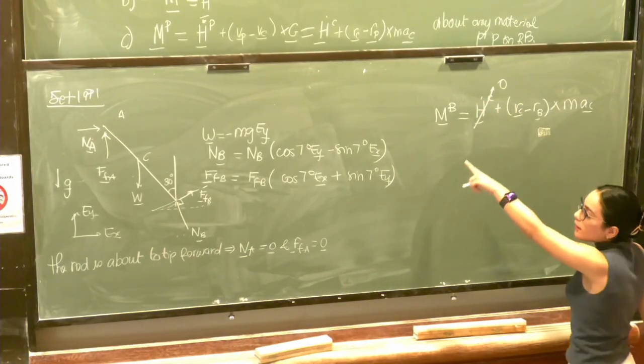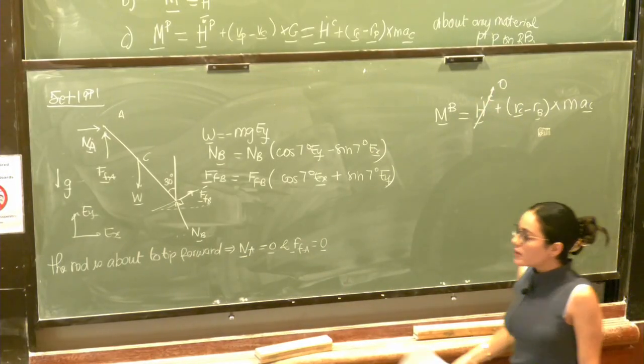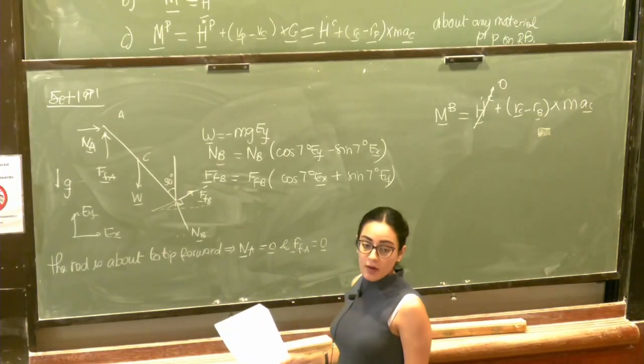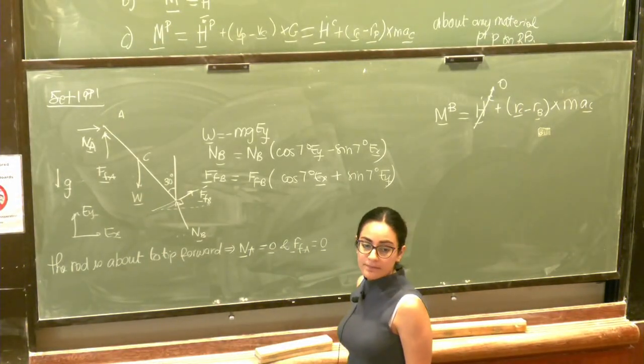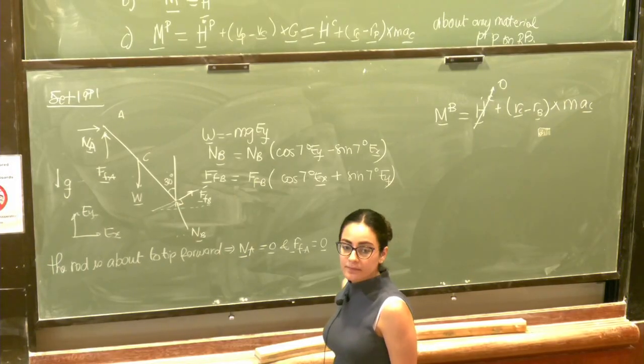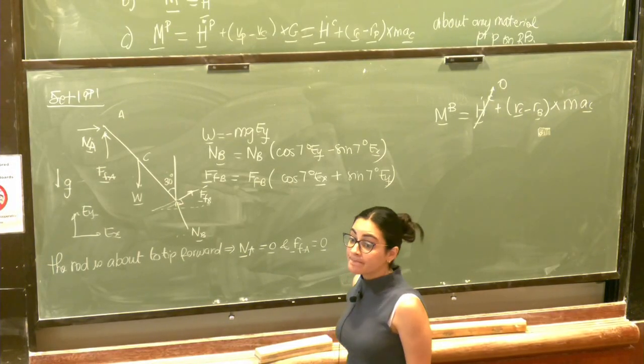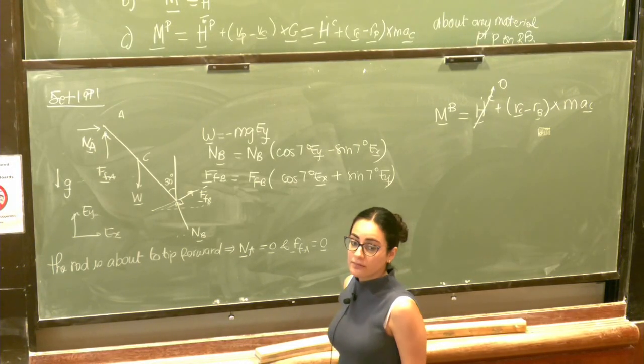Okay, how do I calculate the sum of moments about B? That's just the moment of the weight. How do I calculate the moment of the weight about point B? Use a cross product.